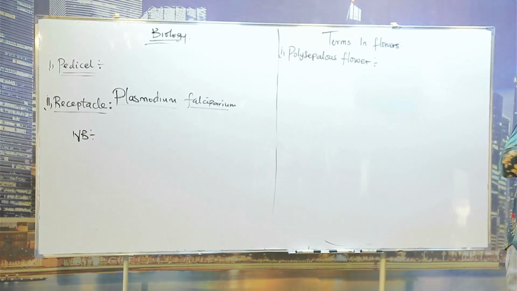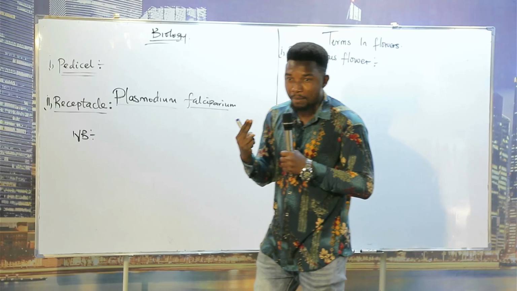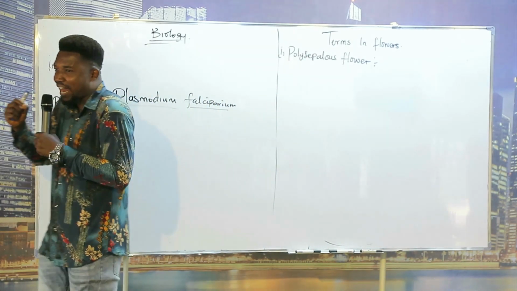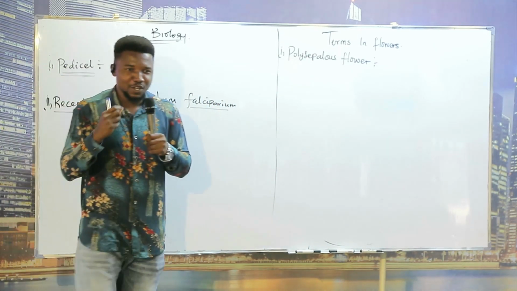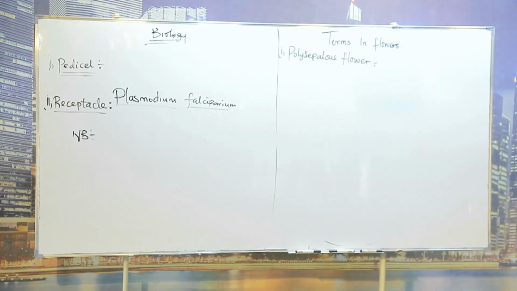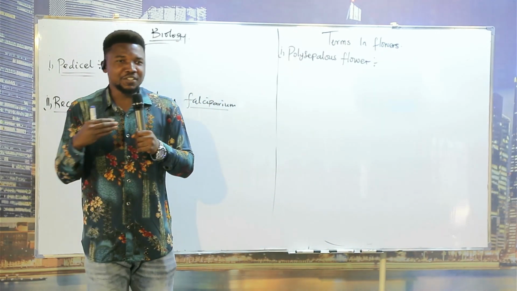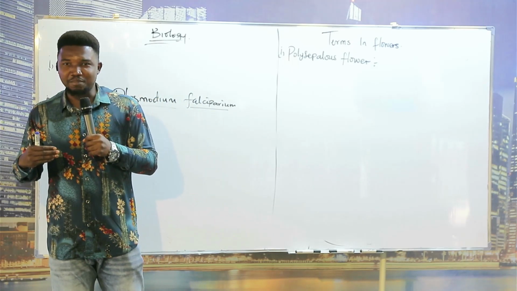Which one is Diplococci? The one that appears in pairs, in twos, just like the name implies: di means two. Mono means one, that's where you have monosaccharide. If you understand that saccharide is associated with sugar, you will know.